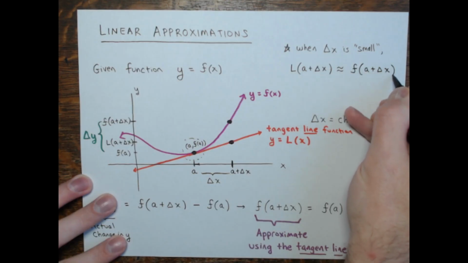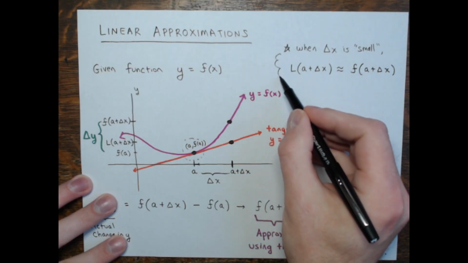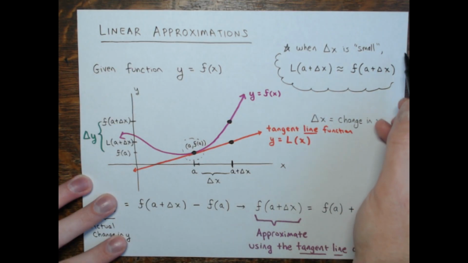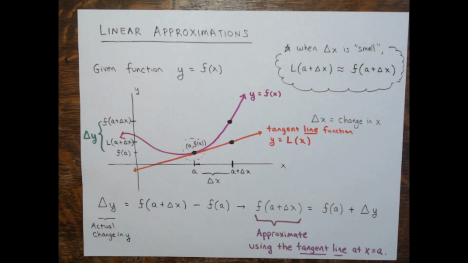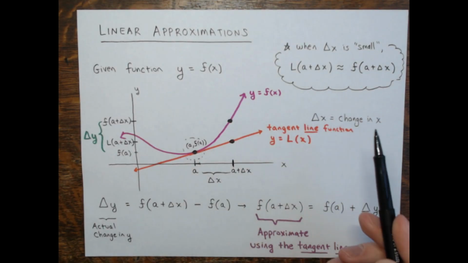The value of the tangent should be very close to the value of the actual function, right? And we'll get into estimating changes in y and stuff like that too, but this is key.